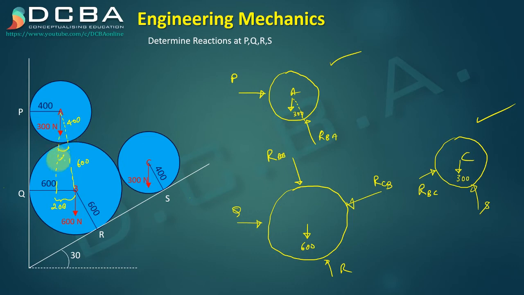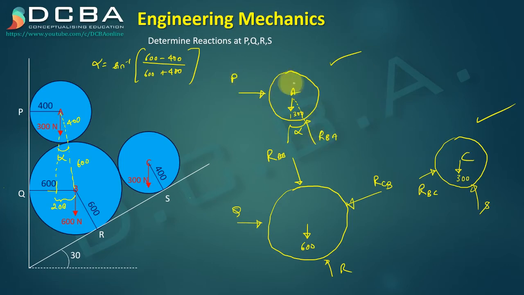So let us say this is alpha. So alpha will be equal to sine inverse of 600 minus 400 upon 600 plus 400, that is the opposite upon the hypotenuse. So this is how you get alpha. So okay, this question is solved. We can now apply Lami's theorem on cylinder A and we can find P and RBA.